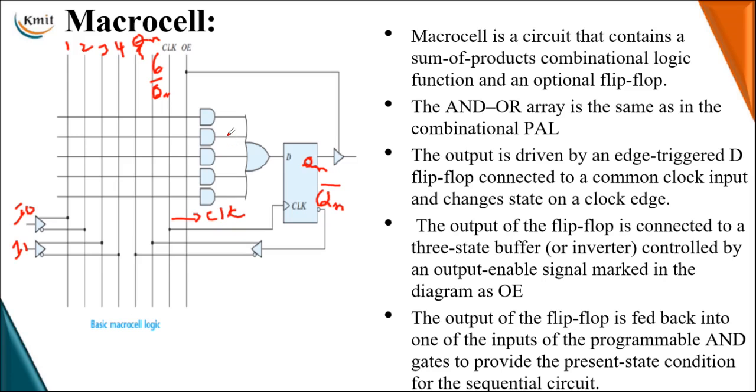Based on the requirement of your product terms, you can program the total of 5 AND gates here, obtain the required product terms, and those product terms are ORed using the OR gate. The OR gate output is connected as the input to the D flip-flop.